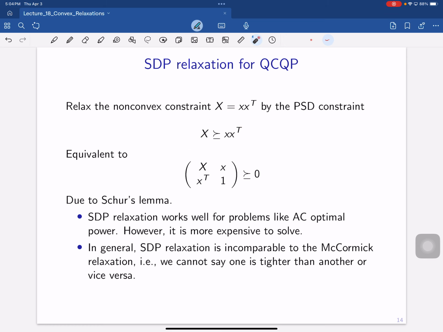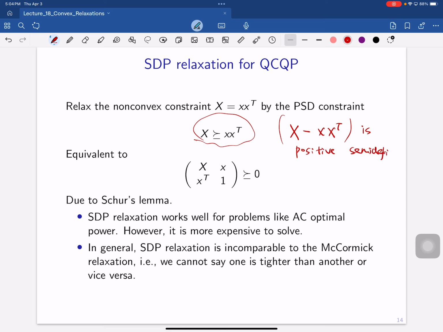a PSD constraint, right? So remember this constraint means the matrix X minus xx transpose is positive semi-definite. Why this is a relaxation is because, in the original non-convex formulation, X minus xx transpose is a zero matrix.